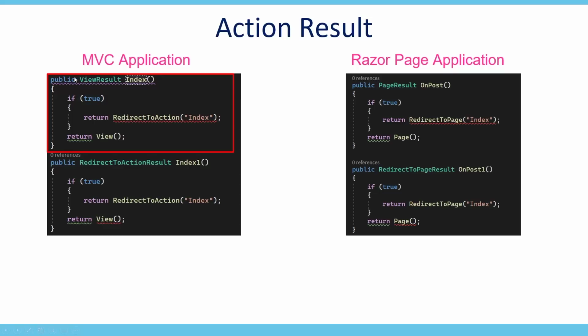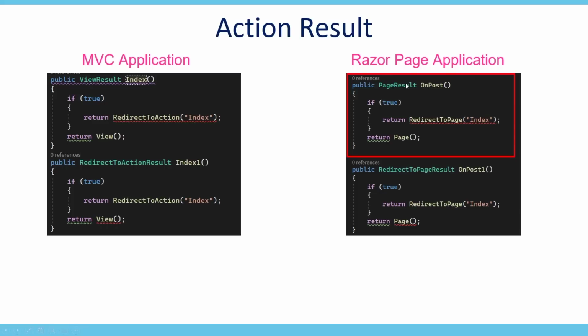This time you cannot have two different return types. If you use ViewResult here, return View is working, but RedirectToAction will throw an error. Similarly, if you use RedirectToActionResult, then RedirectToAction works, but return View will give you an error.